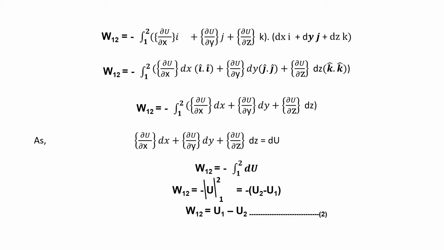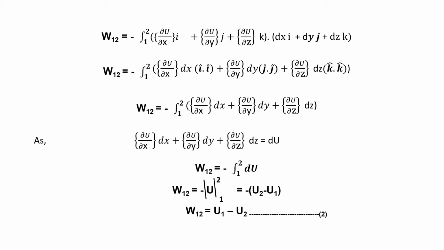Now as i dot i, j dot j, k dot k is equal to 1, we can write W12 is equal to minus integral 1 to 2 of partial U over partial x dx plus partial U over partial y dy plus partial U over partial z dz. Here we know that partial U over partial x dx plus partial U over partial y dy plus partial U over partial z dz is equal to dU.